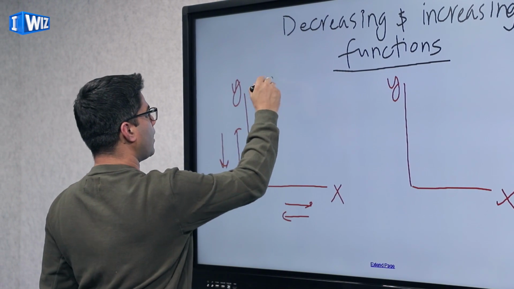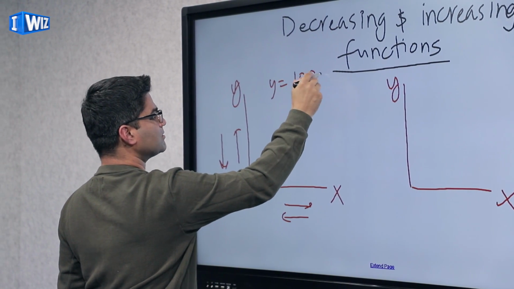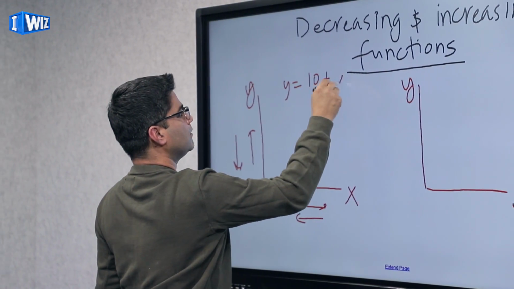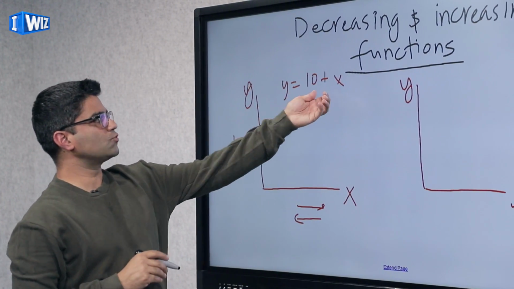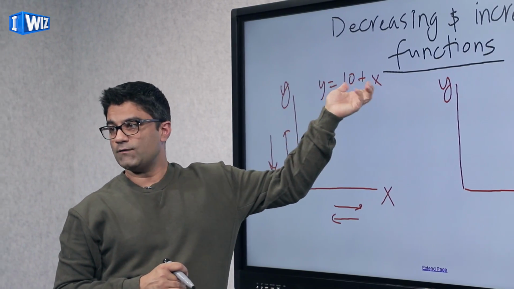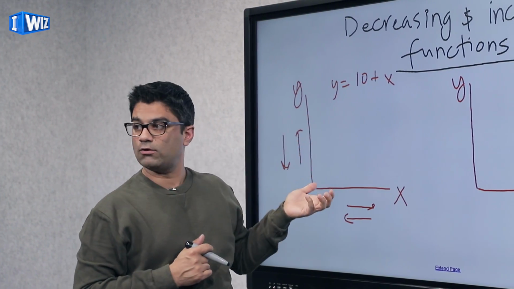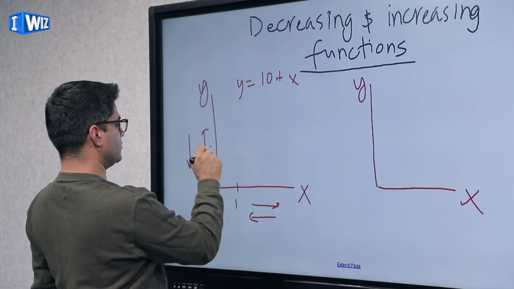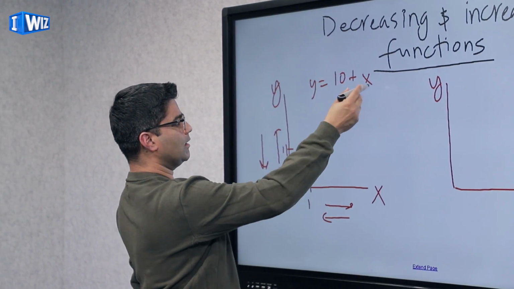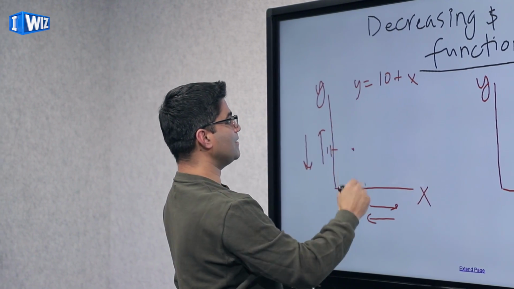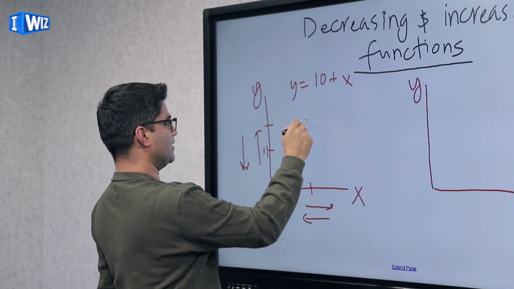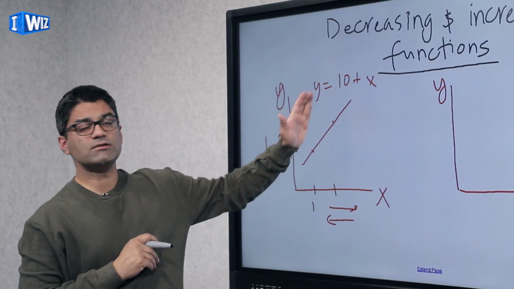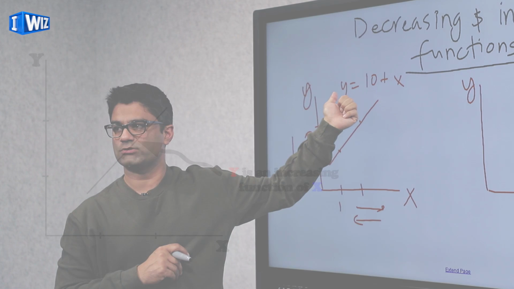For example, if y equals 10 plus x, that means if x goes from 1 to 5, y goes up. If x goes from 10 to 5, y goes down. So when you graph it, if x is 1, y is 11. If this is 1, this is 11. That's one point. If x is 5, y is 15, and so on. So y as a function of x is increasing because as x goes up, y goes up as well.